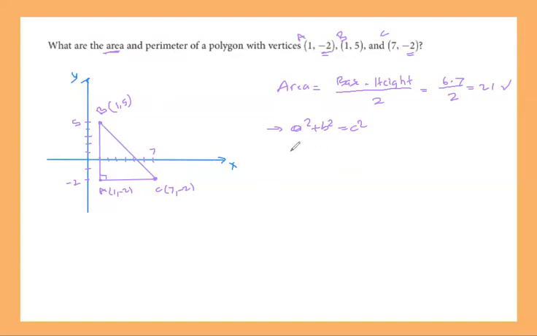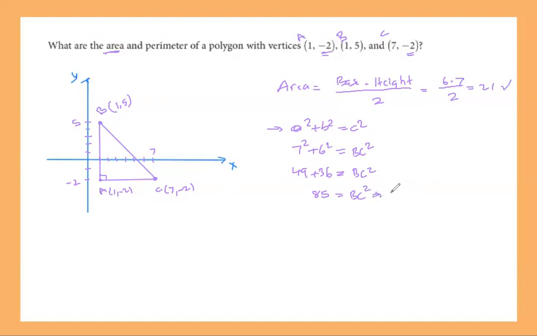If I use the Pythagorean theorem, the legs were 7 and 6, so that will be 7 squared plus 6 squared, which should equal BC squared. That is 49 plus 36, and if you add them, you get 85 for BC to the second power.